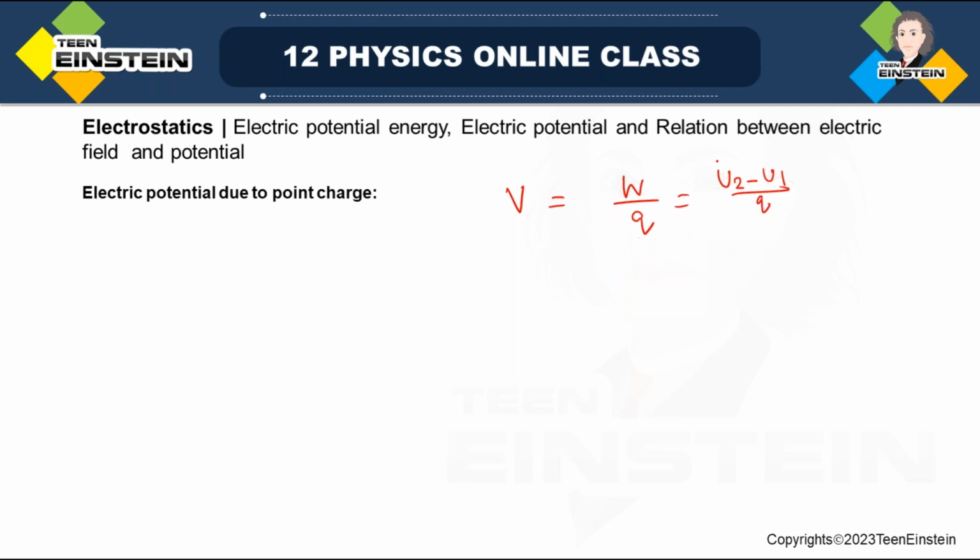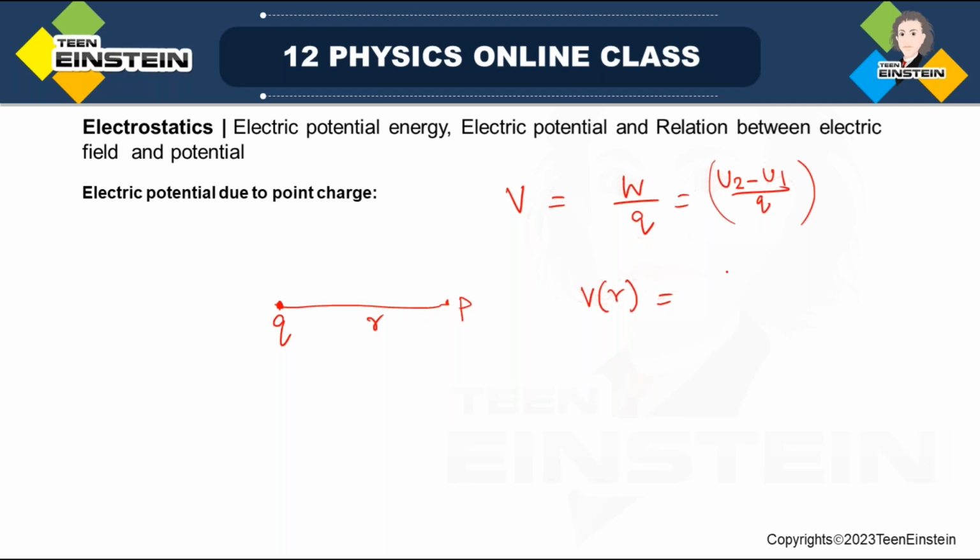So for a point charge, suppose there is a point charge Q here, and we want to calculate electric potential at some distance R. This is point P. Okay. So what will be the electric potential? We had already learned that it can be written as, so it is also a function of position.